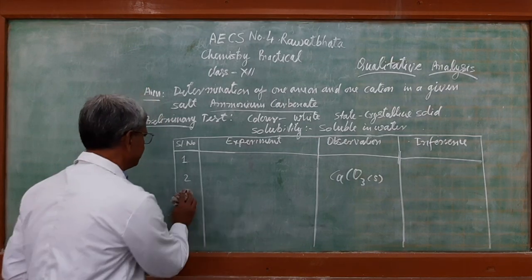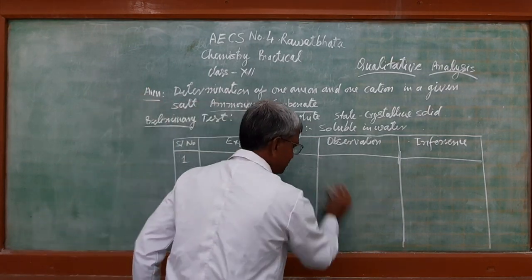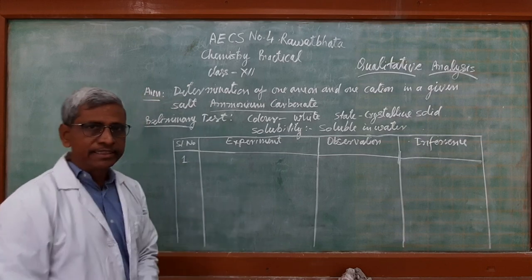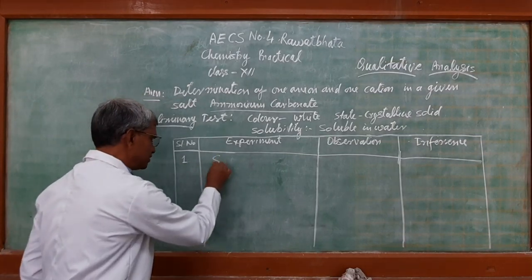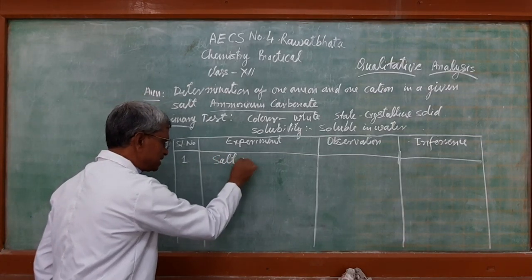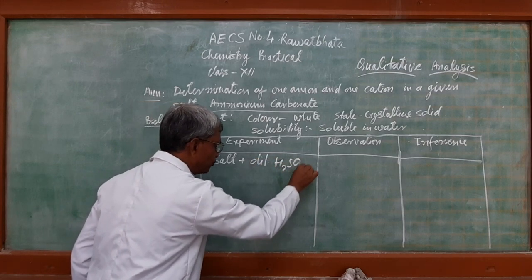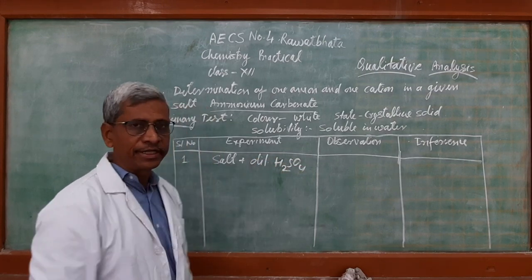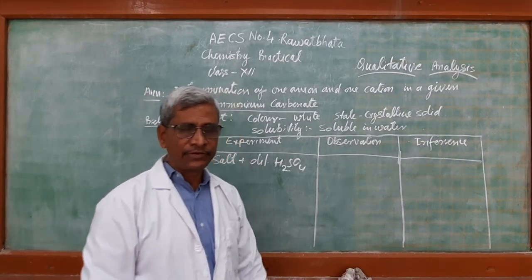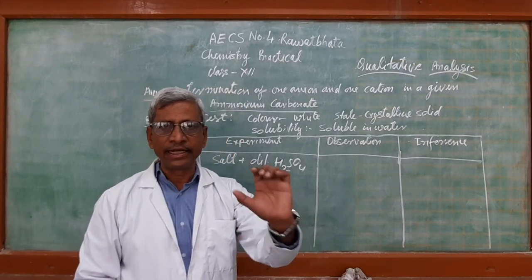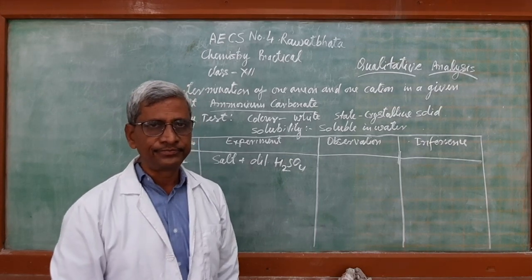Then, how to write it? Let me come to this part. I am writing: salt plus dilute H2SO4, dilute sulfuric acid. We have taken the salt in the test tube and added dilute sulfuric acid.